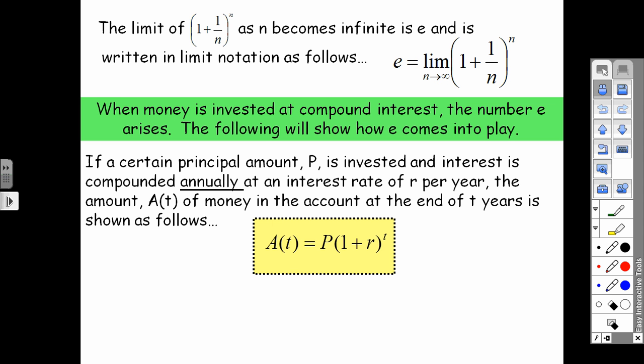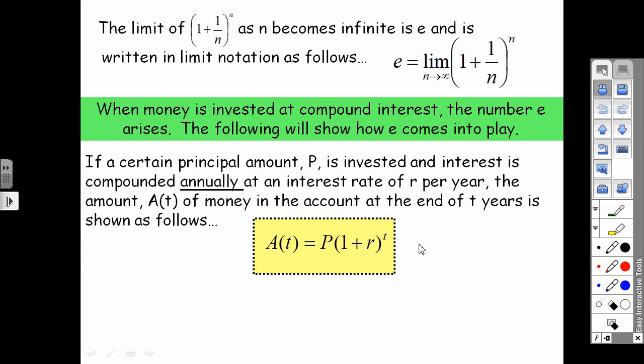That whole new amount, you're now going to recalculate the new interest for the next year, and so on and so forth. So that's what it means to compound your interest. So we get this formula where the amount after t years is equal to the amount that you invest times 1 plus your interest rate, written as a decimal, raised to the t, which represents the number of years.